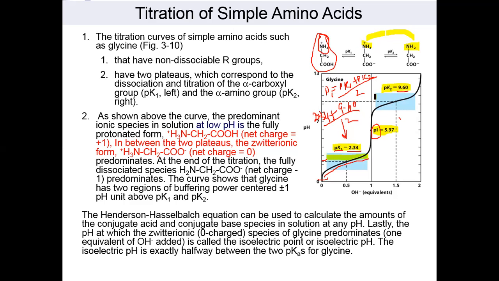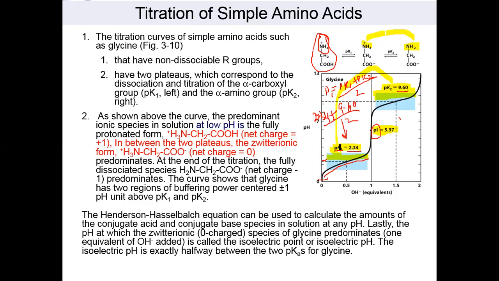And again, near 9.60, there is a position which is resisting the increase in the pH. So at these two pHs, we can make an efficient buffer, because a buffer needs to resist the pH change. So at these positions, we can make an efficient buffer.